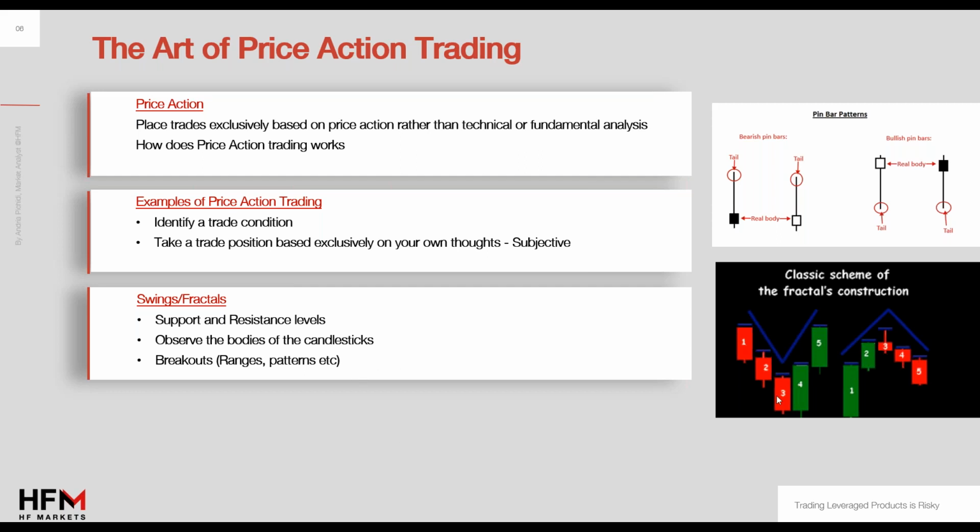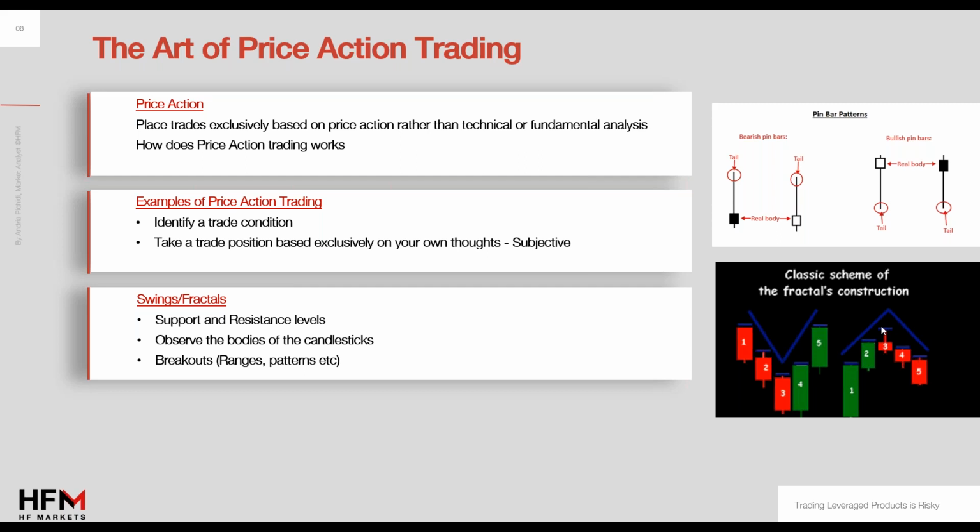So here we have some very brief primary examples of price action trading, and I'm referring to swing lows and swing highs. A swing high or a swing low is quite helpful for price action, because that swing low or swing high is a support and resistance level based on price action analysis.